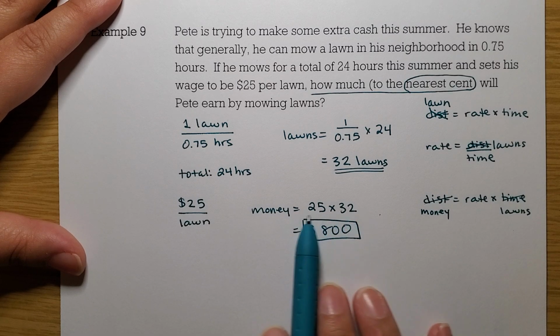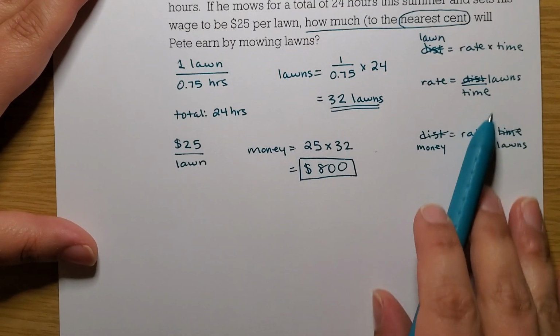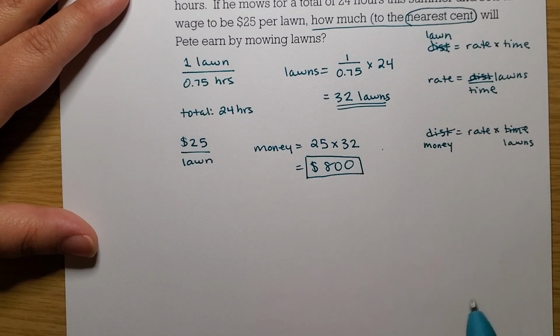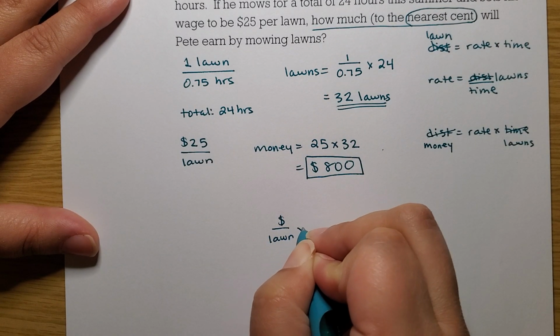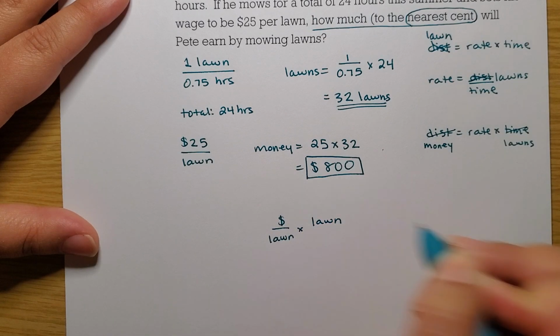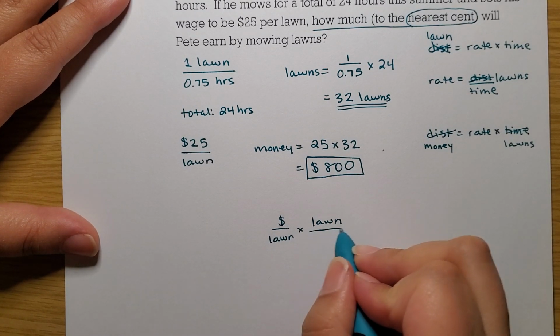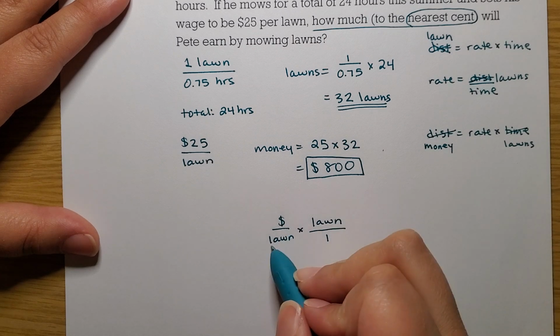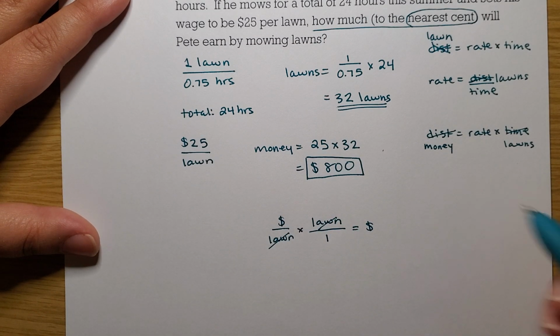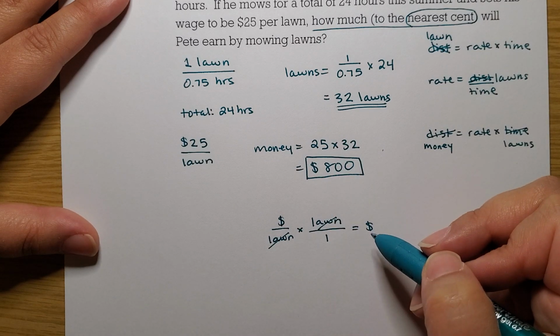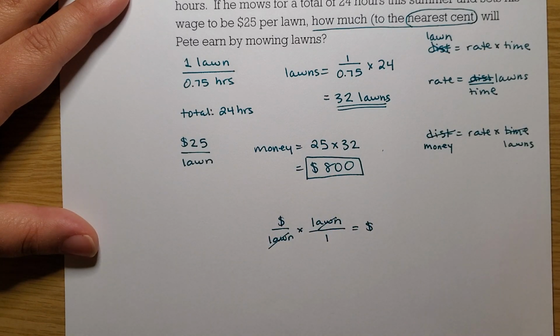The reason this multiplication works, if I think about the units, is that I have dollars per lawn times lawns. In terms of fractions, the lawns cancel out and I get my dollars back. So the units make sense for the operations that I'm doing.